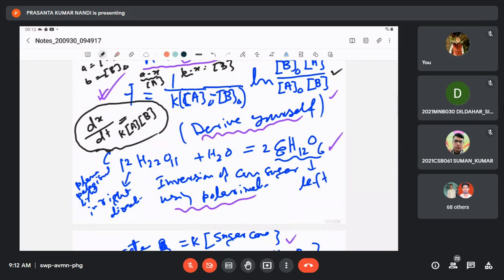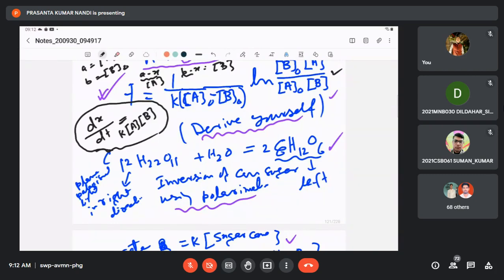You know what plane polarized light is, where normal light passes through two different slits, and then one can make plane polarized light. That means the vibration of the electric and magnetic field will be restricted to a plane. That's why it is called plane polarized light.